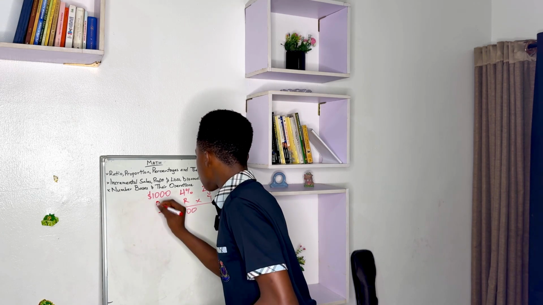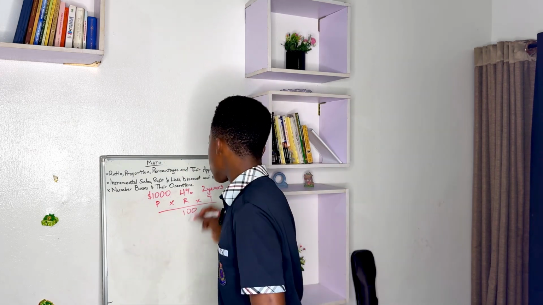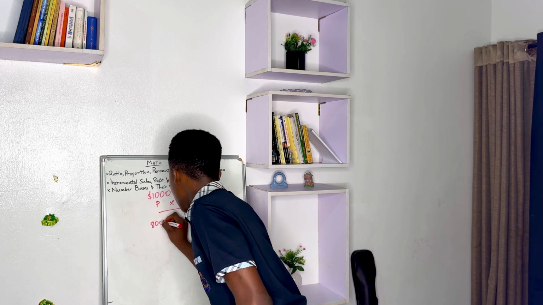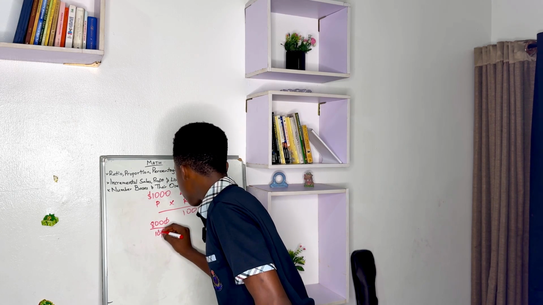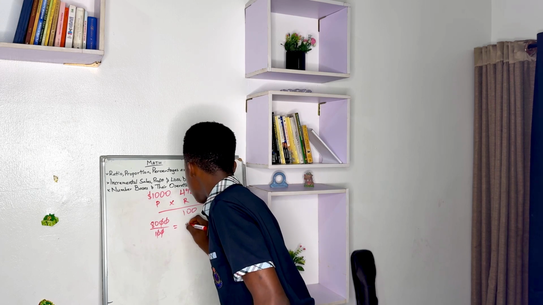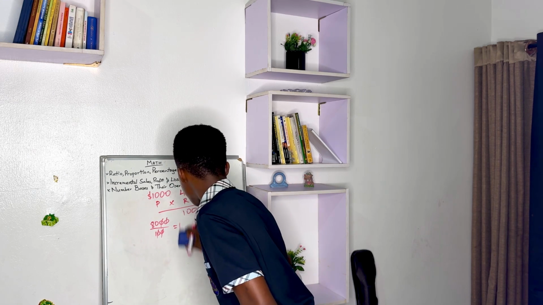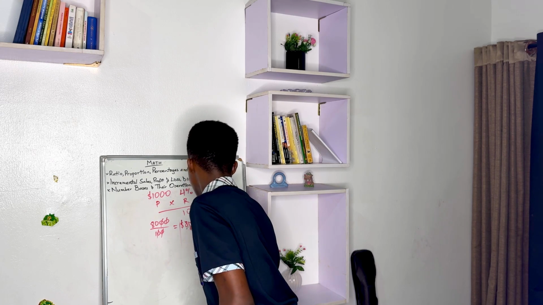So let's do that. The principal is 1,000. 1,000 multiplied by 4 is 4,000, and 4,000 multiplied by 2 is 8,000. So 8,000, and then we divide that by 100. When we cancel out these zeros, we're left with 80. So this 80, let me clean this off, is the simple interest.